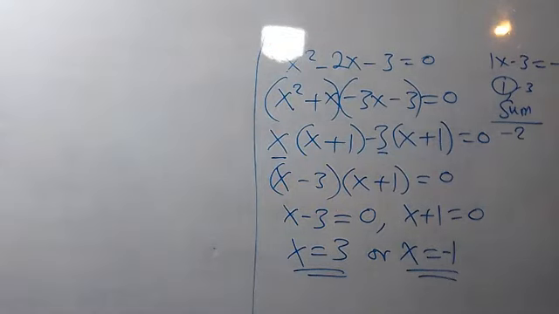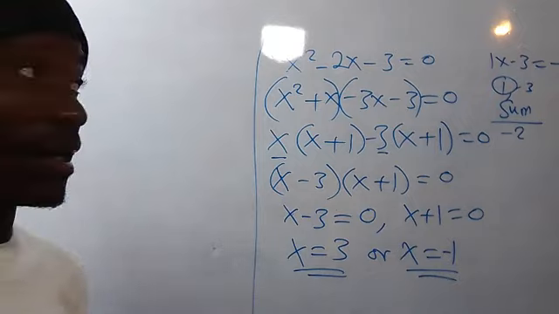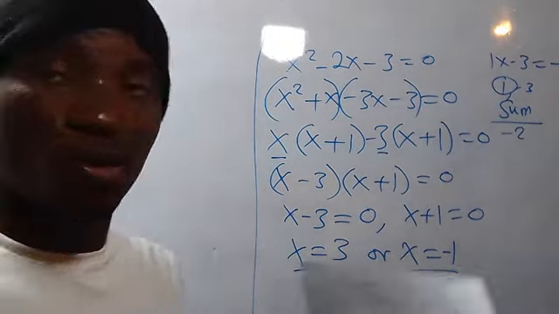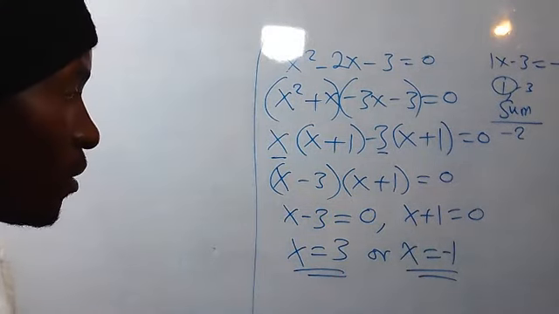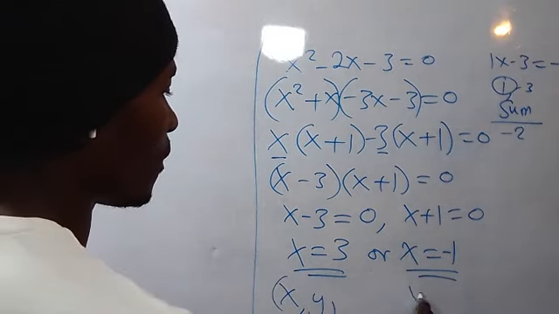Now, these are just the values of x at which the curve is cutting the x-axis. But now we need the corresponding values of y, so that we can come up with the coordinates, because at the end of the day, what we need is x comma y, then x comma y.